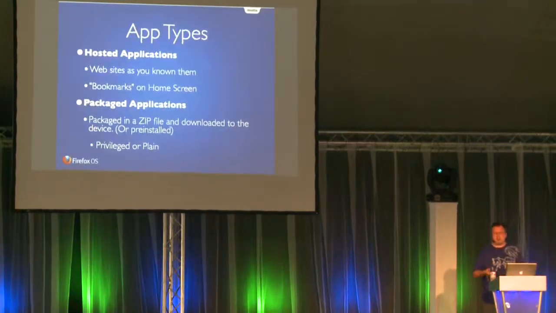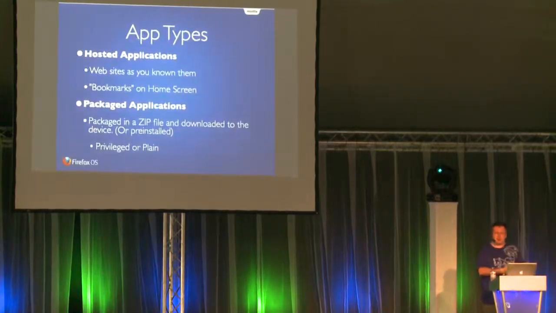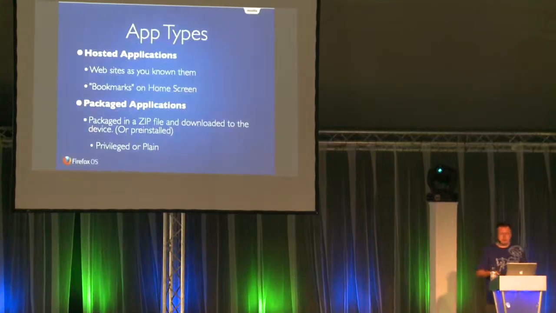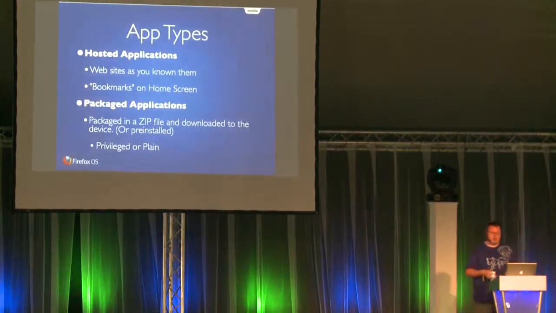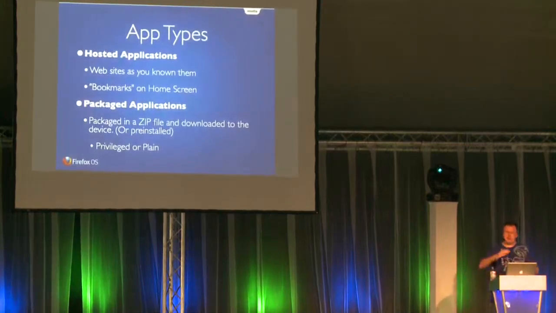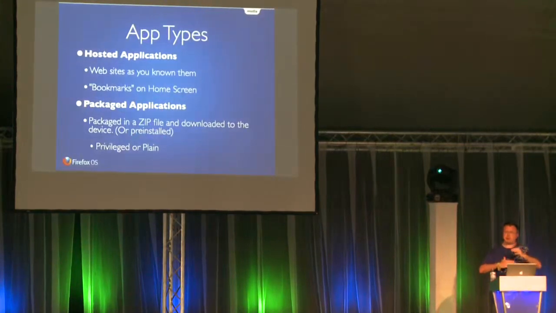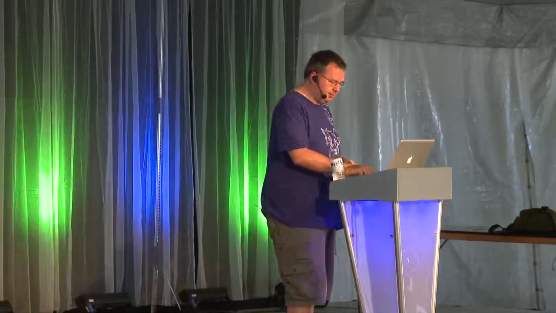And it's really our answer to have a good solution for offline applications, where you can just grab the whole thing and take it with you everywhere. I don't think it's a solution that will last very long. There's some work underway to really make the difference between hosted and packaged much smaller. I'm not going to talk much about that. Packaged applications come in two flavors, privileged or plain. I will explain what that means.